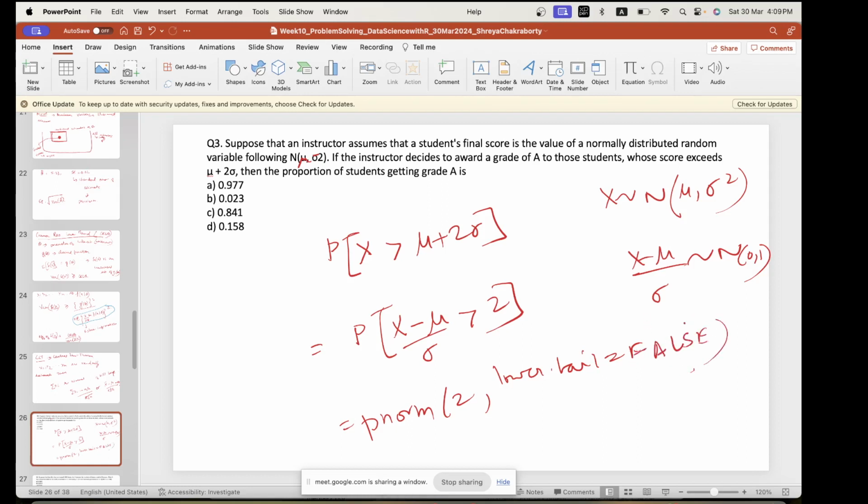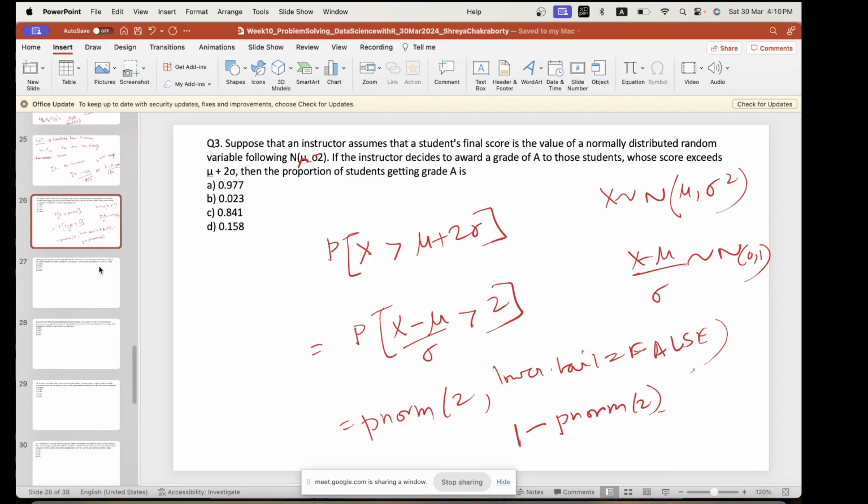Or in other words, you could just do 1 minus pnorm(2). Alright. So, moving on.